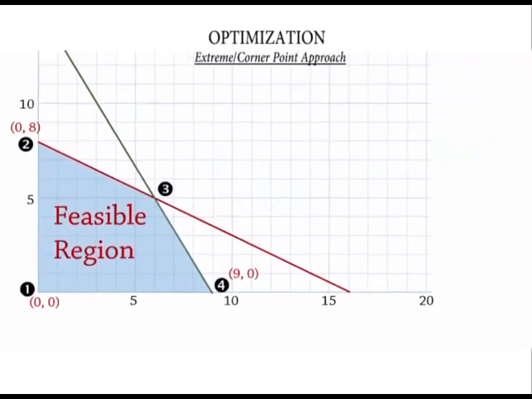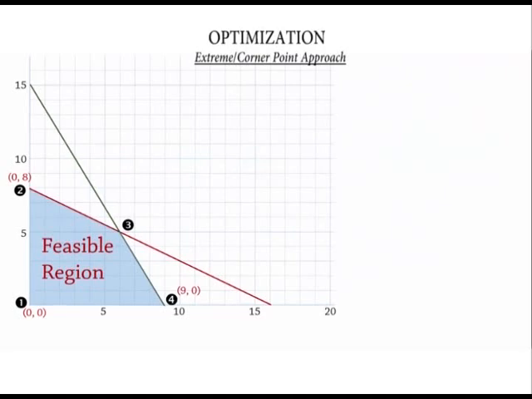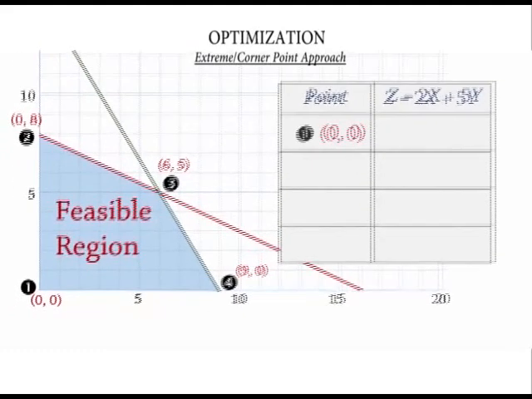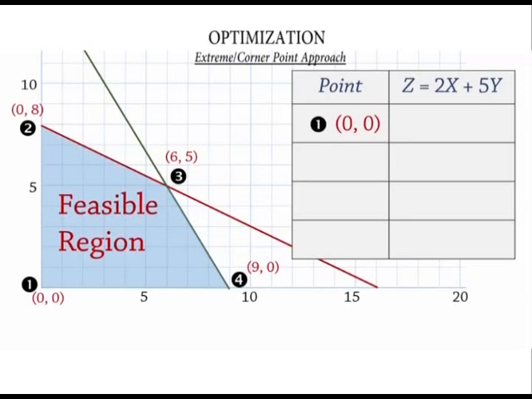Now we determine the optimal point by getting the corner point that will give the highest value for the objective function. We want to maximize the objective function z equal to 2x plus 5y. At point 1, we have 0, 0, and if we substitute in the objective function, it gives us 2 times 0 plus 5 times 0, which is equal to 0.